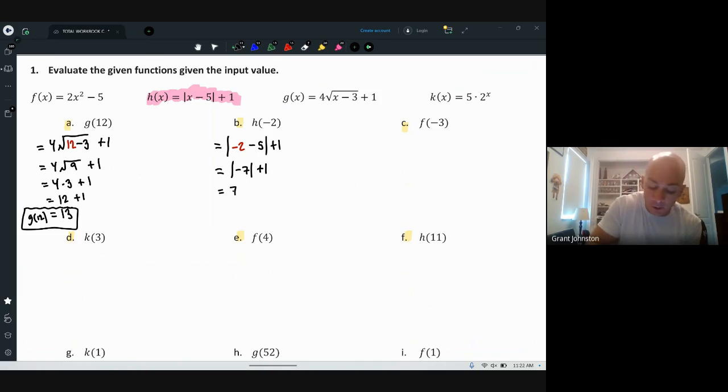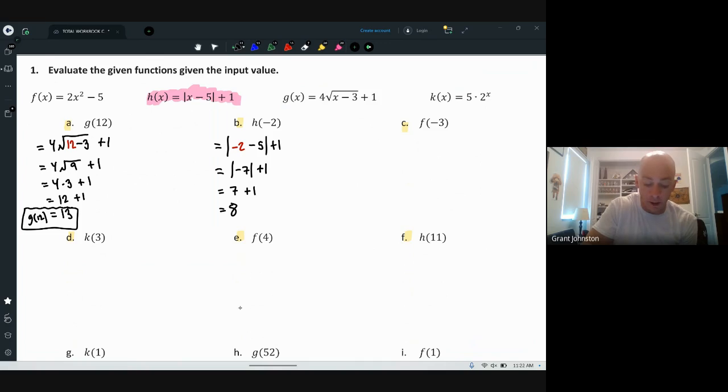Remember, the absolute value is just the distance the number is away from 0, and distances are always represented as positive numbers. So absolute value of negative 7 turns into positive 7. And 7 plus 1 is 8. So that's it. h of negative 2 is 8.